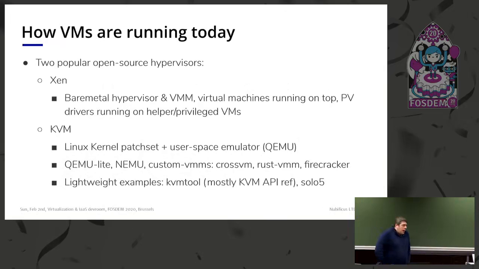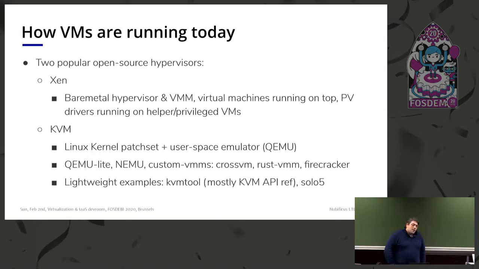So if we try to run a VM on these kind of devices, we will probably end up with either Xen or KVM. I'm a Xen guy. I've been working with Xen for quite some time, so I'm more biased on their approach.